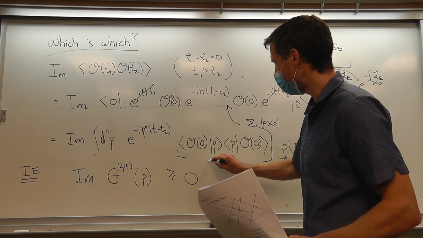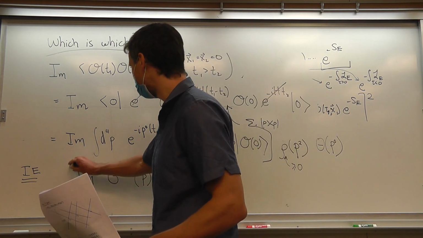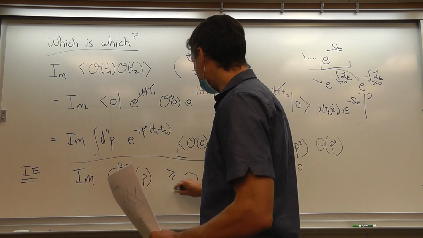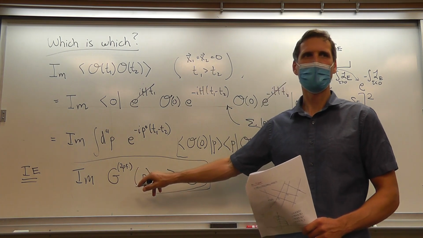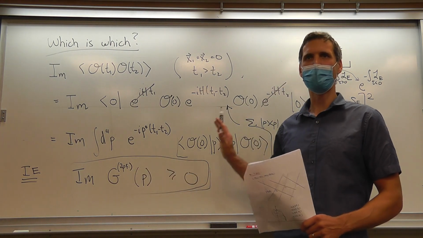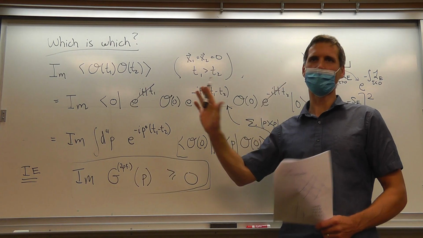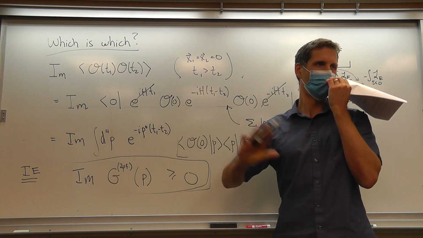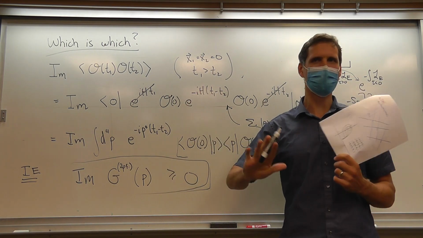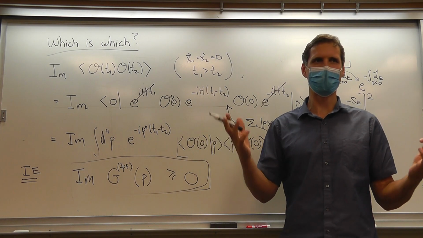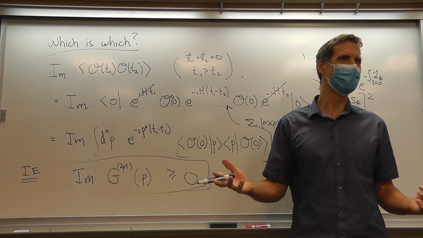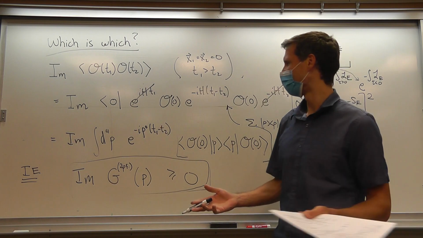Okay, so first of all, let me just say that it's generally true and always a useful thing to know that the imaginary part of the two-point function is positive and related to the spectrum. This is used everywhere. It's all over high energy, it's all over condensed matter. So it is a very well-known thing. I know that's not a great excuse for why I did it.